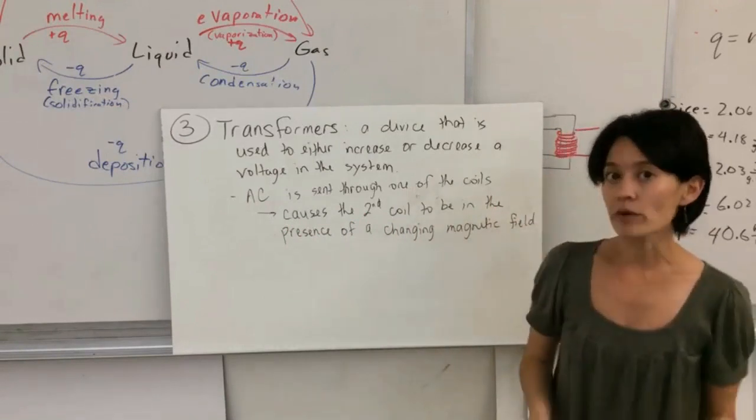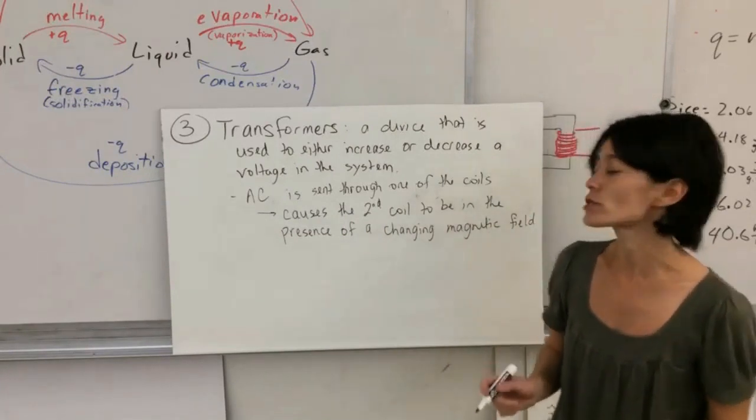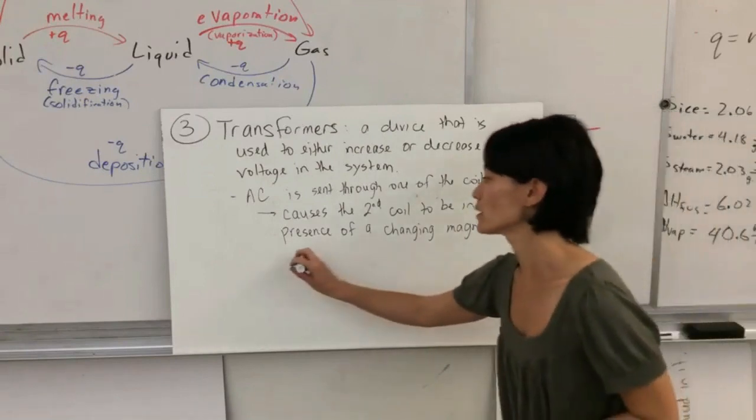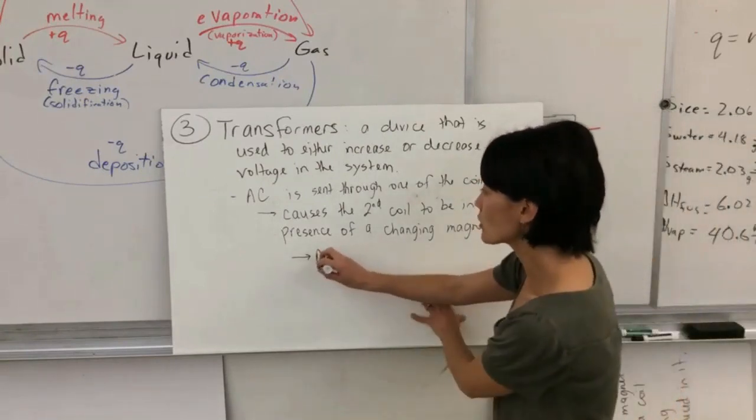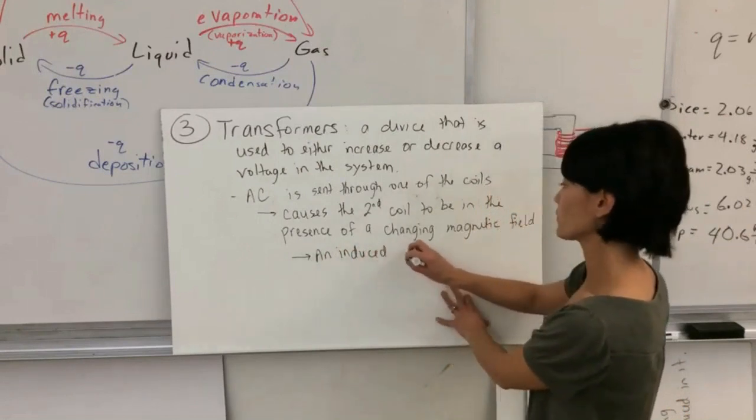And anytime you have a coil of wire in the presence of a changing magnetic field, a current will be induced in that wire. So because the second coil is in the presence of a changing magnetic field, an induced current is created in the second coil.